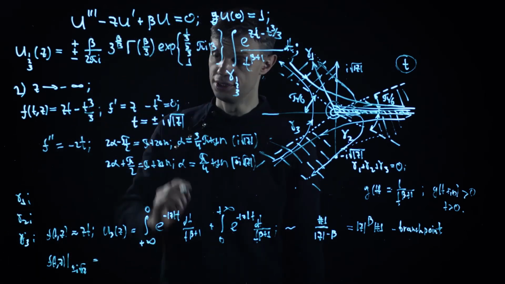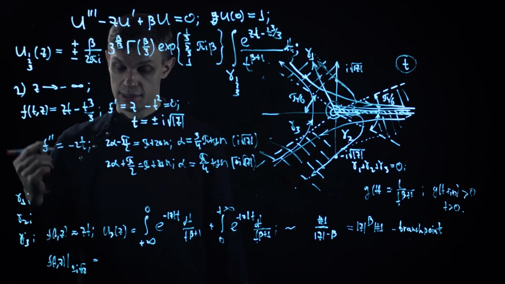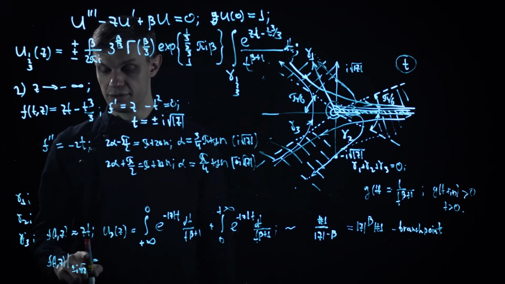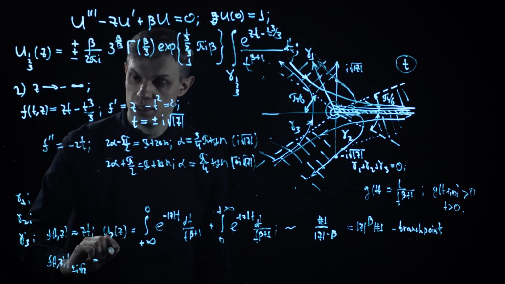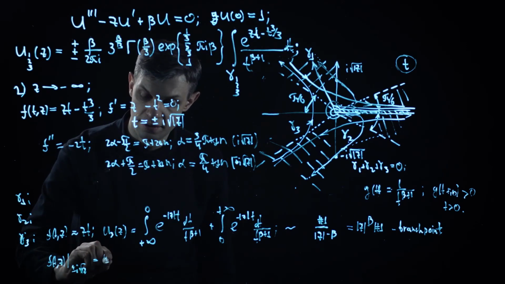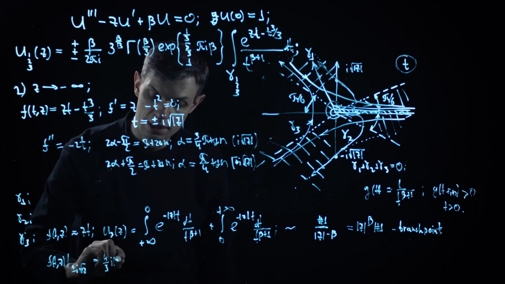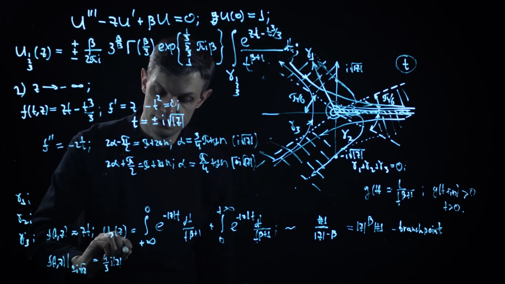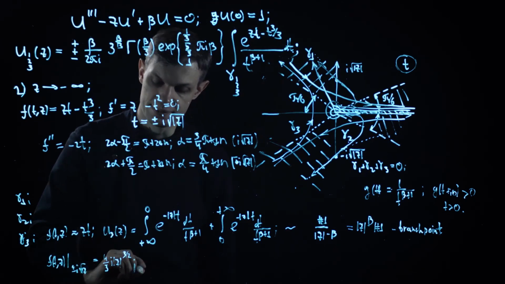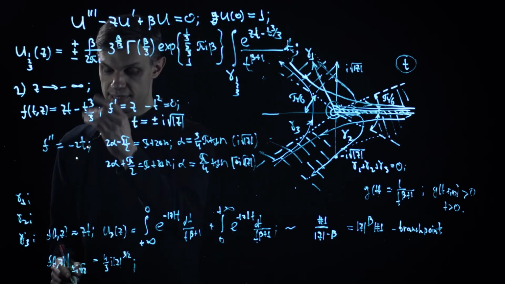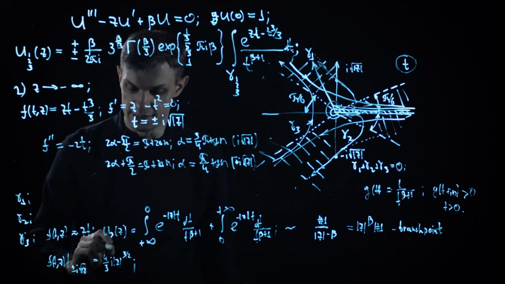And we just plug it in here and get the standard behavior. For plus sign, we get 4/3 i modulus of z to the 3/2. And that's for plus sign, and for minus sign we get the same thing with minus sign.